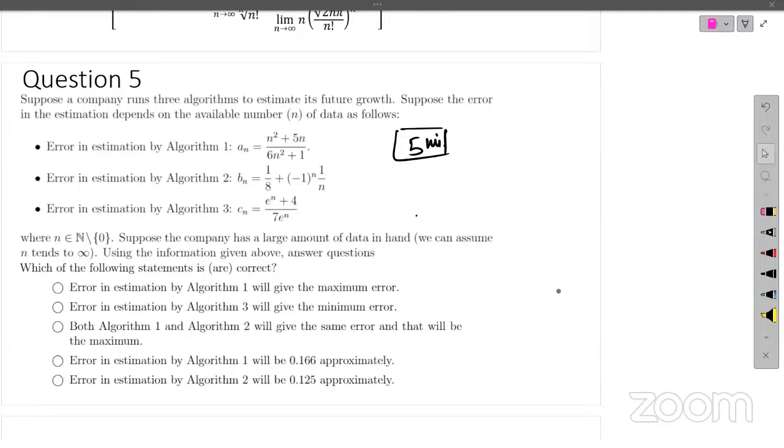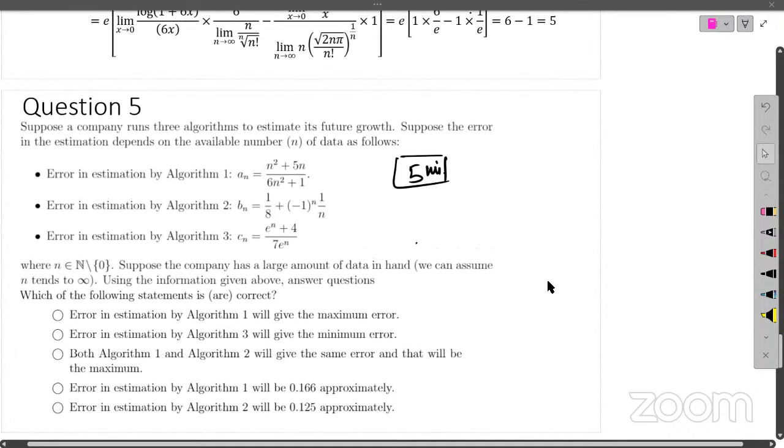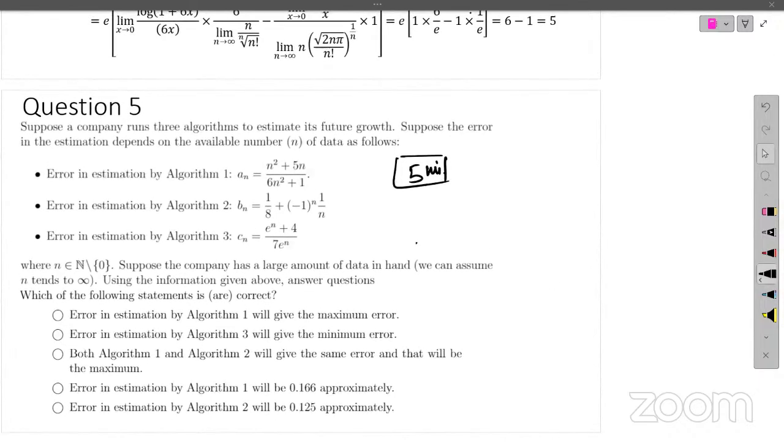So, shall we discuss this, or do you want to do that? I have only one answer so far. Ma'am, I'm stuck on the log part. The limit of log of (1 plus x) by x as x tends to 0. You asked us to convert it to infinity form.